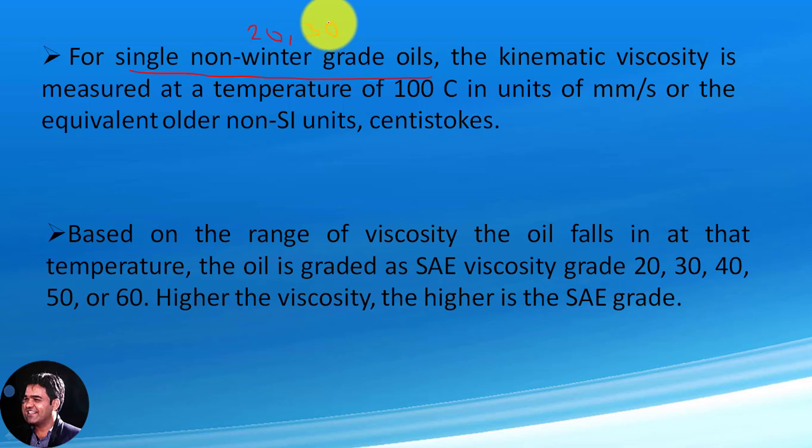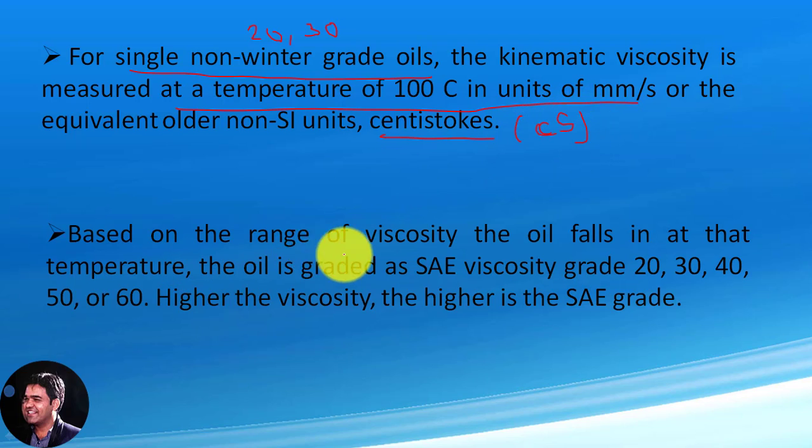Likewise, the kinematic viscosity is measured at a temperature of 100 degrees centigrade in the unit of mm² per second, or another unit that we can utilize, the centistokes, sometimes written as cSt.